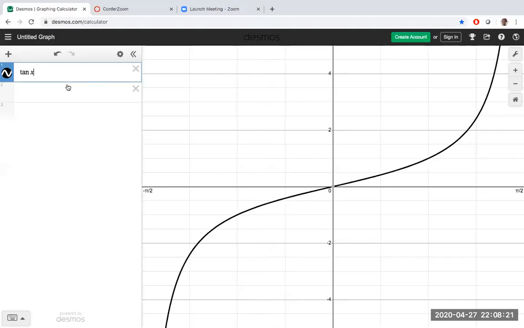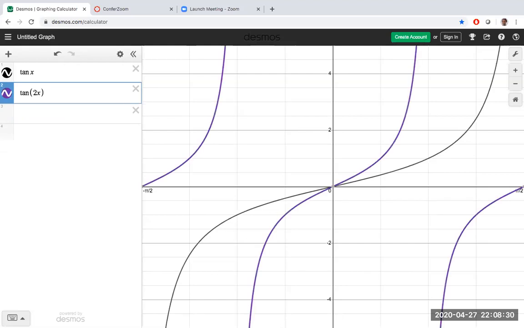So here's our parent graph, tangent x. We're also going to put tangent 2x in here. Okay, so you see how before, let's mark some key points here. For the parent, we had an asymptote at negative pi over 2, an asymptote at pi over 2.